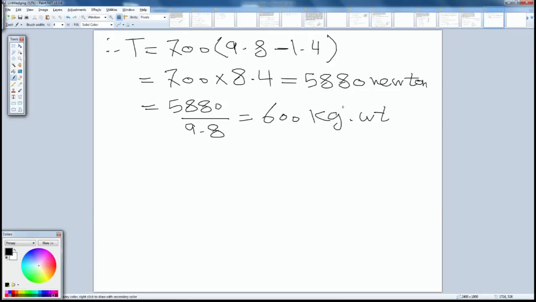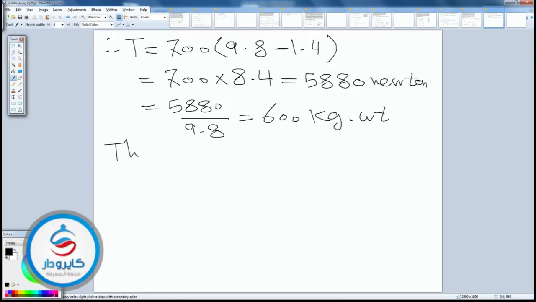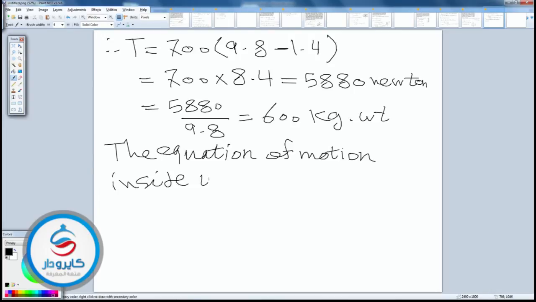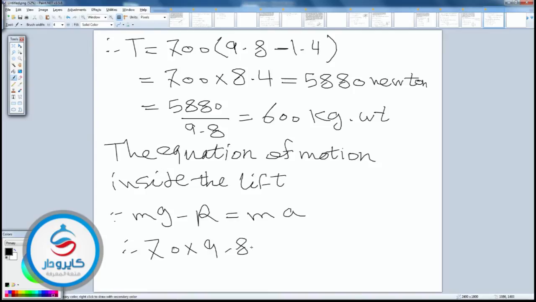The equation of motion inside the lift: since R minus mg equals ma, therefore R minus 70 by 9.8 equals 70 by 1.4.